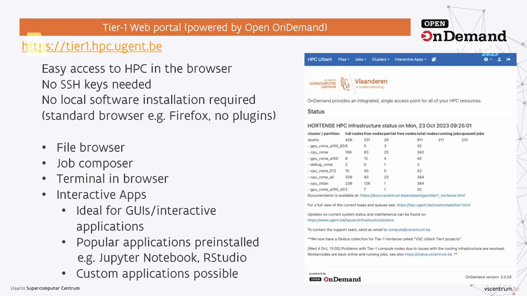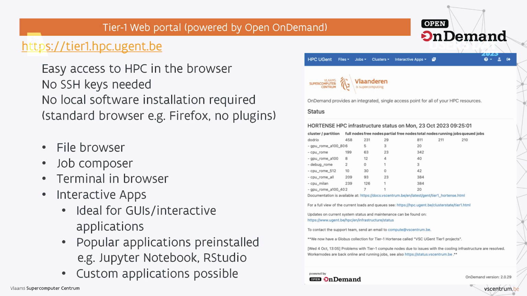So what this is about, this is tied to tier one. It's really easy access to HPC in the browser, so it's no longer looking at 80s level black screens with commands. You can point and click stuff. There's no need to have SSH keys, which for some entry-level users is like some weird object that you have no idea what it means. And most of all, you don't need specific local software installations.